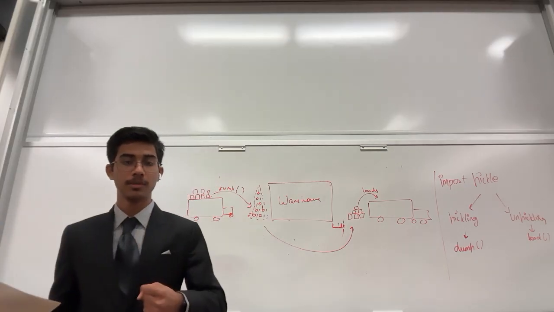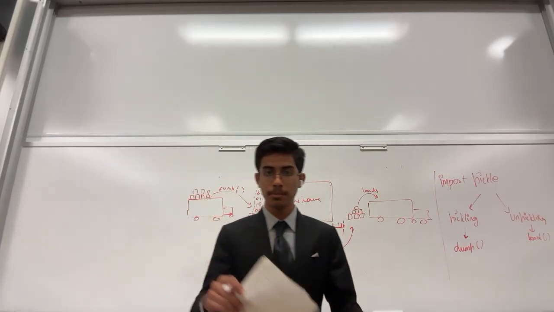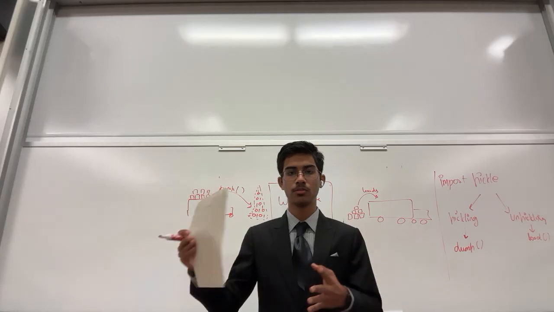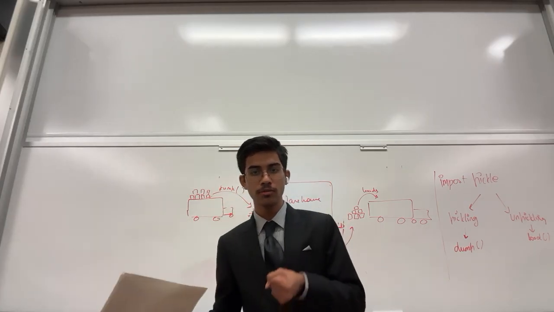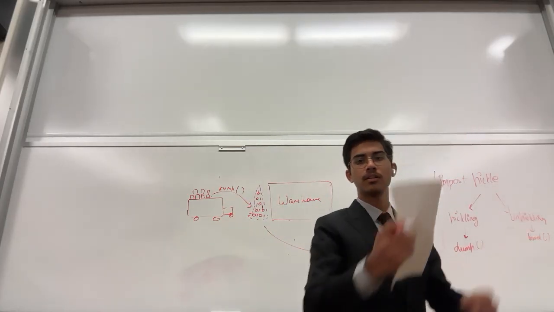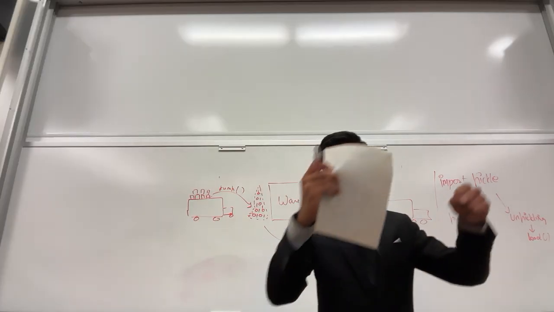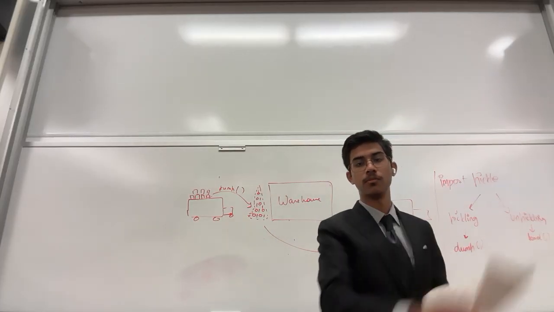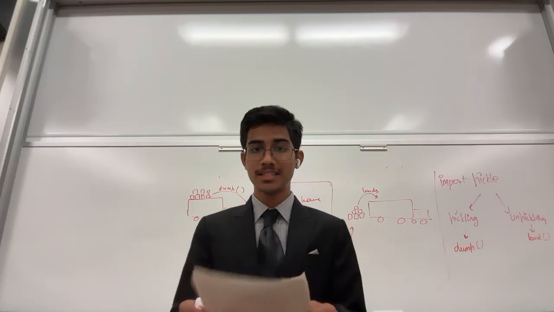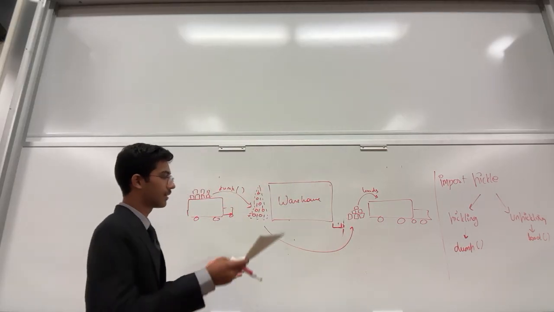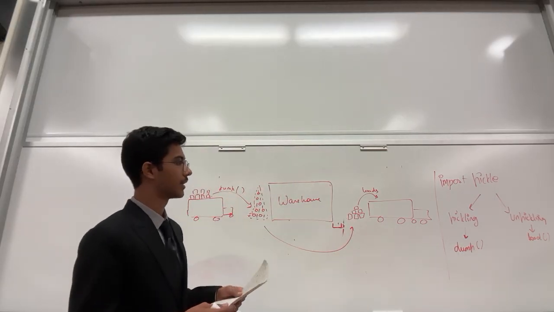So the dump function will dump everything from human readable to zeros and ones, and the load will essentially load it back to human readable. So from the dump, it loads it to human readable format. So that's the difference between pickling and unpickling, and we do that by dump and load.